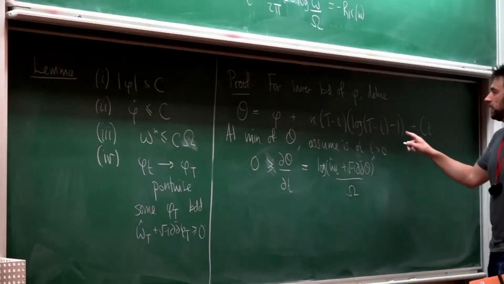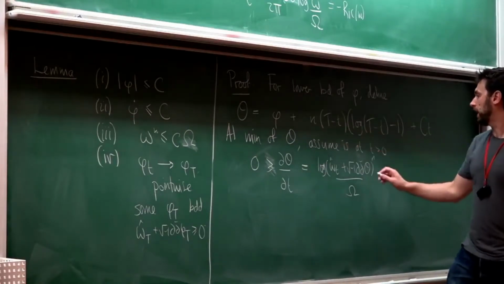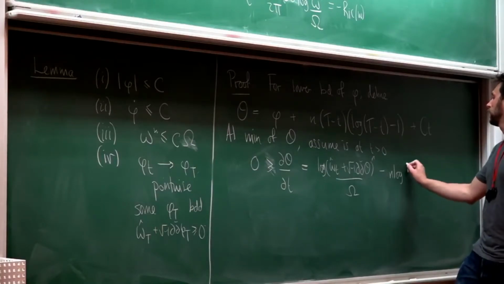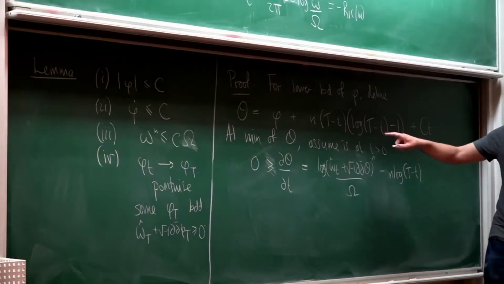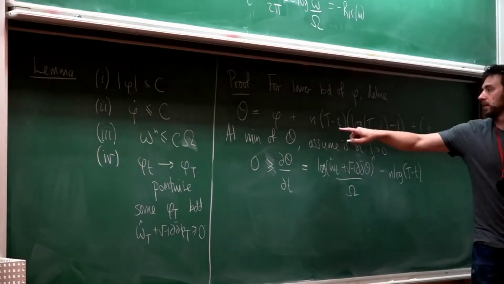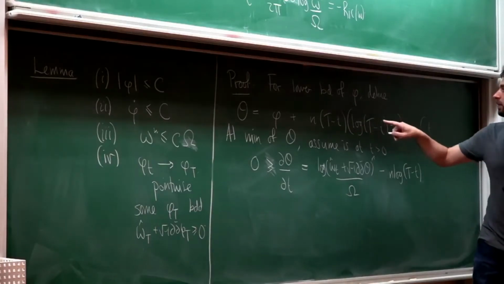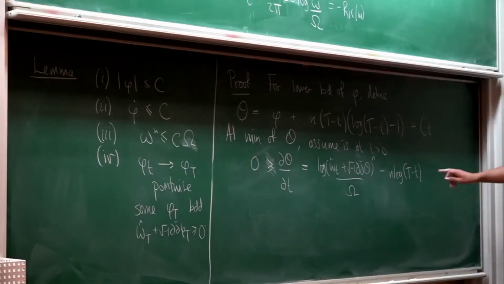And then the derivative of this, I get minus n times log of t minus t. So the point is when the derivative lands on the log, you get a minus 1, and then when the derivative lands on this, you get another minus 1 to cancel. So you get this, and then plus c.